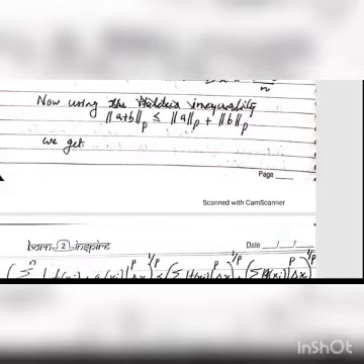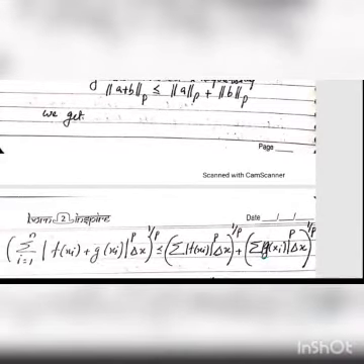Now as usual, we will make the partition finer and finer. That means when n tends to infinity, the partition length becomes very small. So as n tends to infinity, the summation becomes the integral and this part becomes your dx.